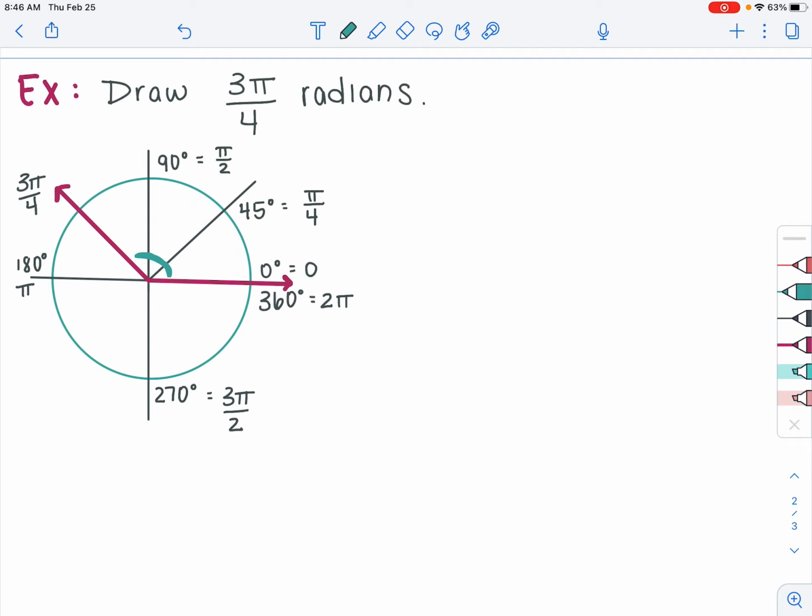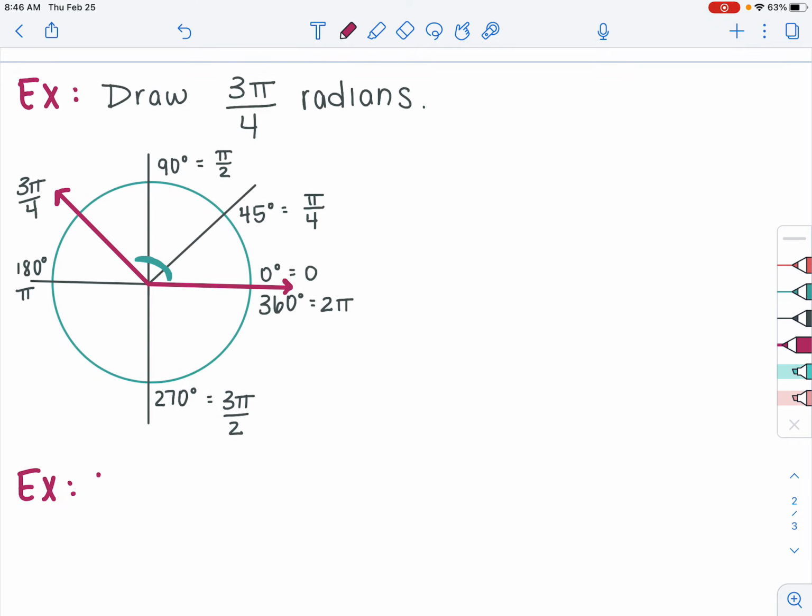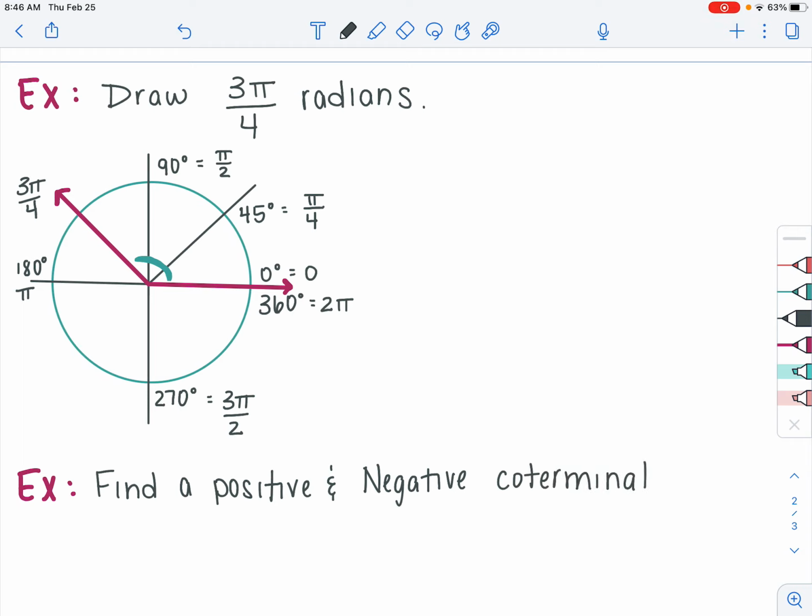If I wanted to find a coterminal angle, I could say, okay, let's say, for example, let's find a positive and a negative coterminal angle for 3 pi over 4.